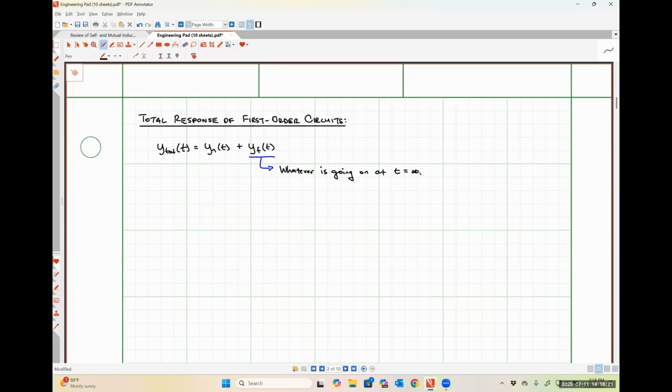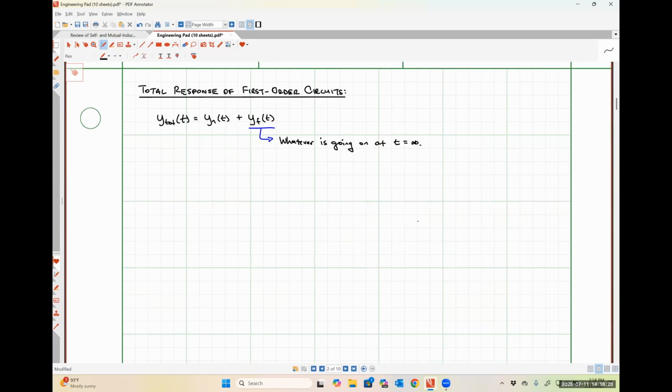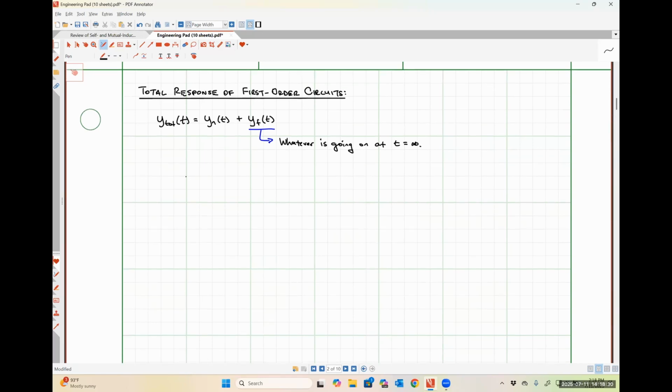So I want us to take a look at a simple RC system. Okay. So let's say that we have something akin to this. So here's some source voltage. Here is a switch. And now, instead of opening at t is equal to 0, we're having it close at t is equal to 0.